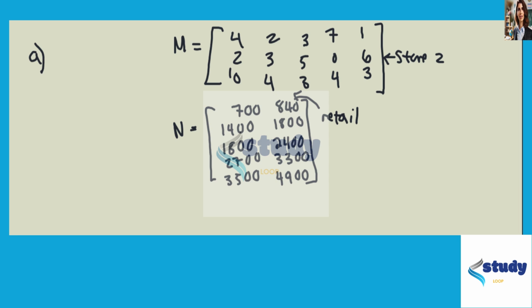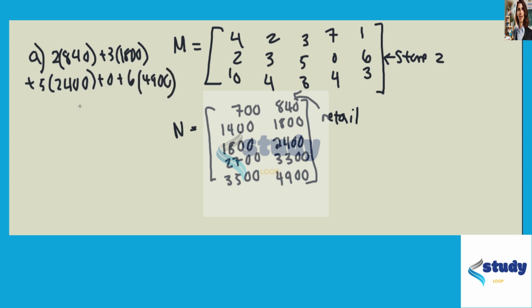So 2 times 840 plus 3 times 1800 plus 5 times 2400 plus 0 plus 6 times 4900. We plug this into a calculator, and we get 48,480. This is the total retail value of the computers in the inventory of store 2.